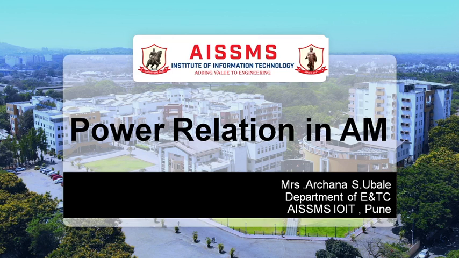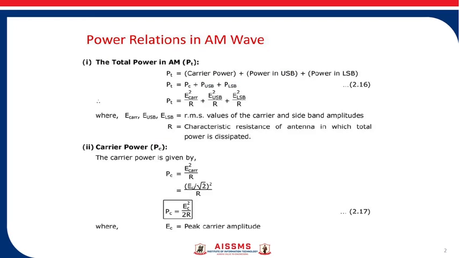We are going to discuss the power relation in the AM signal. An amplitude modulated signal consists of carrier plus upper sideband plus lower sideband.